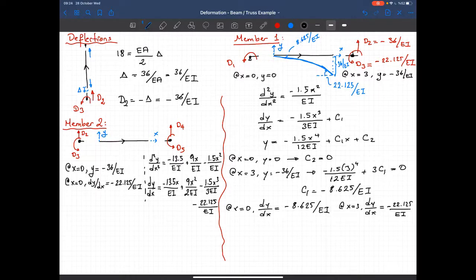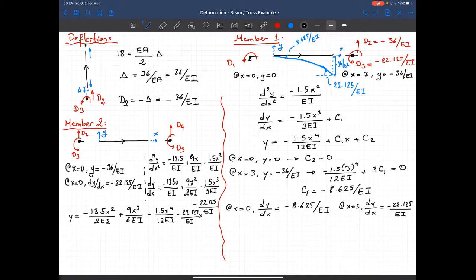I will integrate that one more time, and I obtain the equation for the transverse displacement as minus 13.5 x squared divided by 2EI plus 9x cubed divided by 6EI minus 1.5 x to the power 4 divided by 12EI minus 22.125 divided by EI times x.